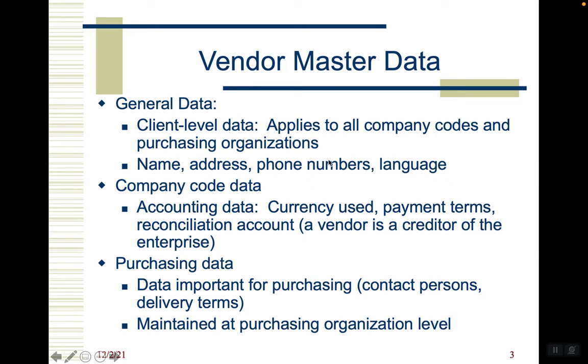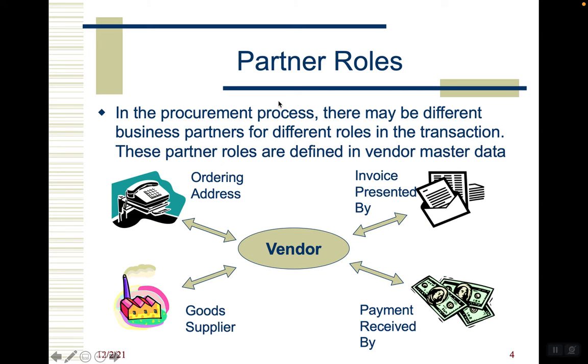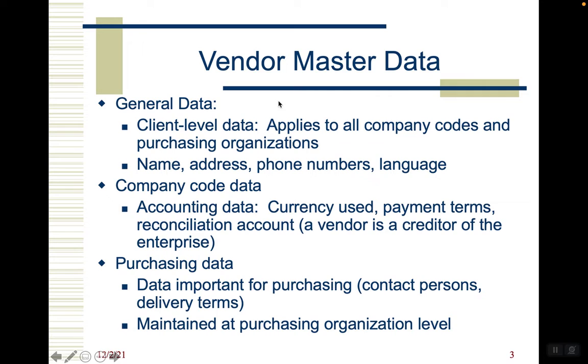So for the vendor master data, there are a couple of different things we'll see. General data: information about the vendor, such as names, addresses, phone numbers, languages, things of that nature. Then information about the company code, so accounting information, such as currency, payment terms, and reconciliation, because really the vendor is a creditor of the organization.